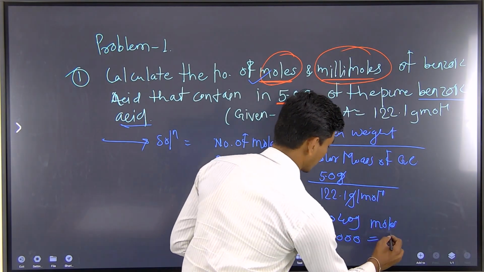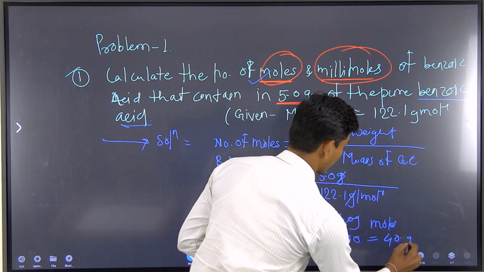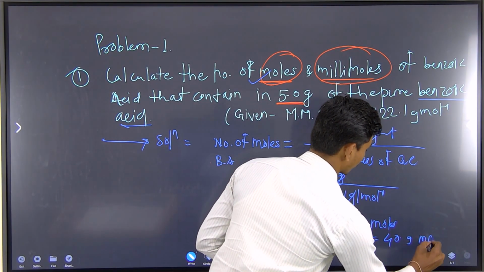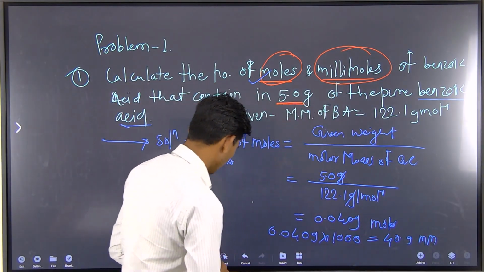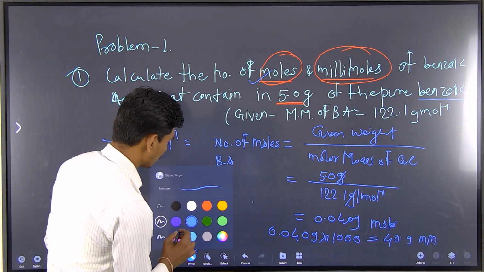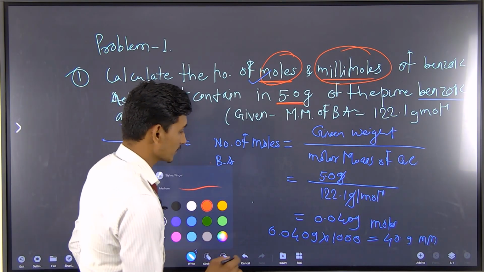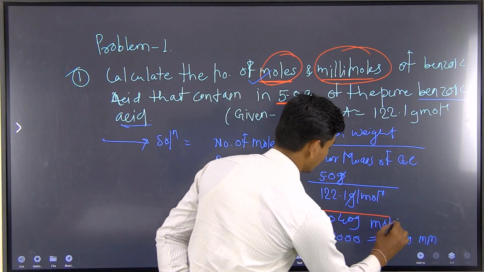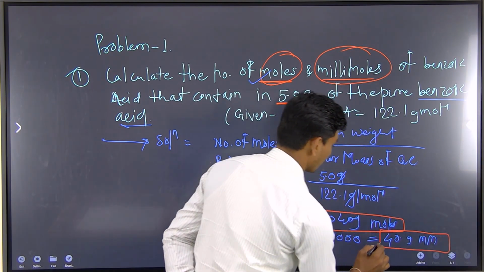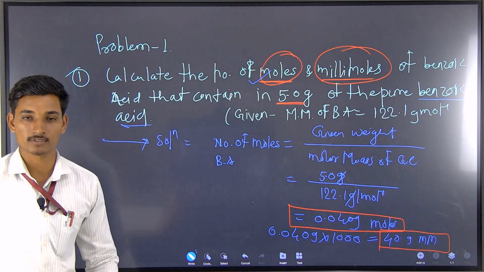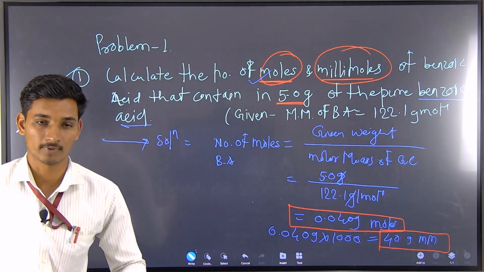Multiplying this, we get the answer 40.9 millimoles of benzoic acid. This is the simple way of calculating the moles and millimoles of any chemical compound.